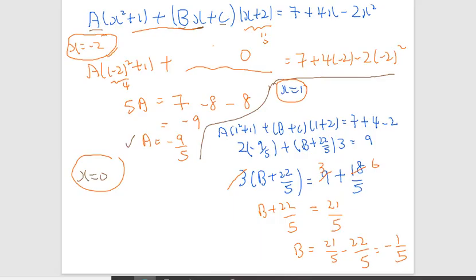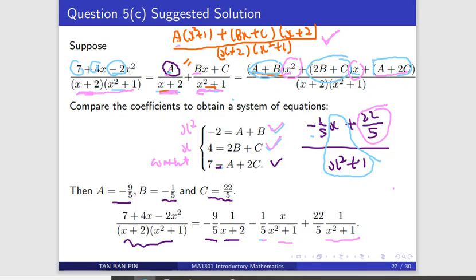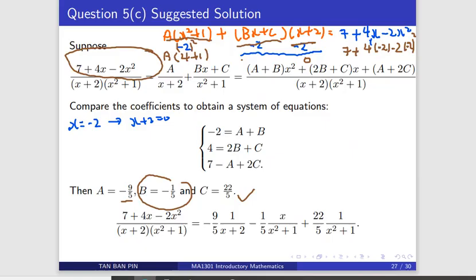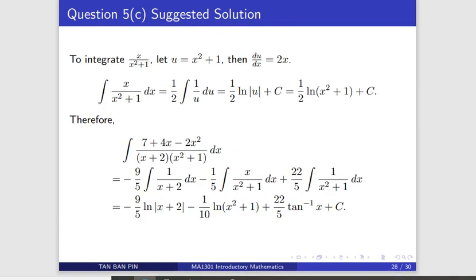You choose certain numbers, x is minus 2, x is 0, x is 1, and you can also find a, b, and c. So you can use either way. You can equate the coefficients and then solve the simultaneous equations, or you can sub suitable numbers for x and solve for a, b, and c. Either way, you'll get the same answer. And then you do the integration to find the final answer.